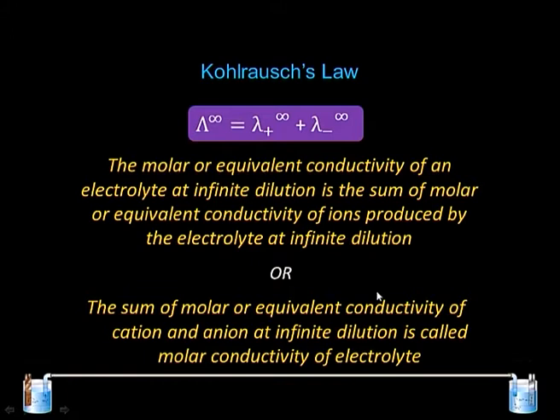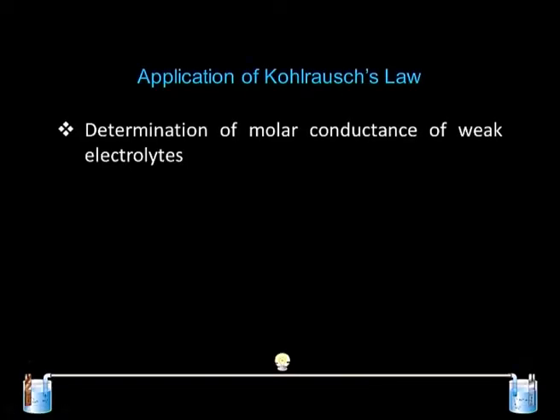This is a very important law which suggests that ions behave independently when subjected to very high dilution. One of the important applications of Kohlrausch law is the determination of molar conductance of a weak electrolyte. If you remember the earlier lecture, weak electrolytes do not meet the y axis and do not give lambda infinity.